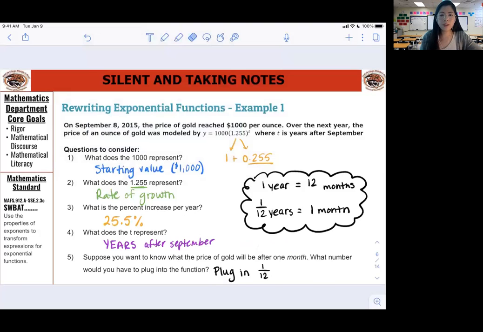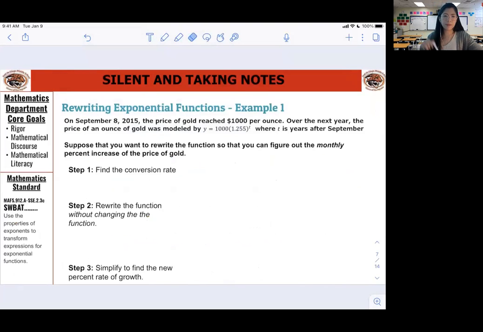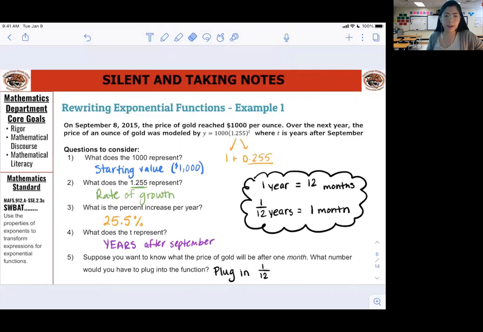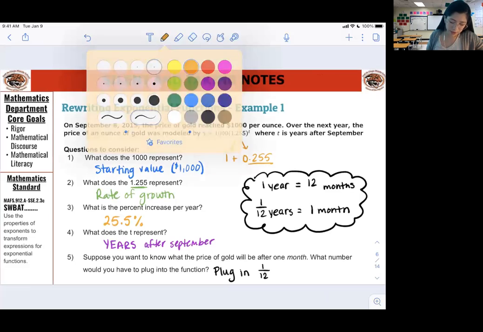Okay, so let's get into it. So let's see what this is going to do. Like I said, we're going to rewrite the function so that I can plug in the number of months, so I can figure out the monthly percent increase. Because going back, remember, what is the percentage of increase in this case? 25.5%.